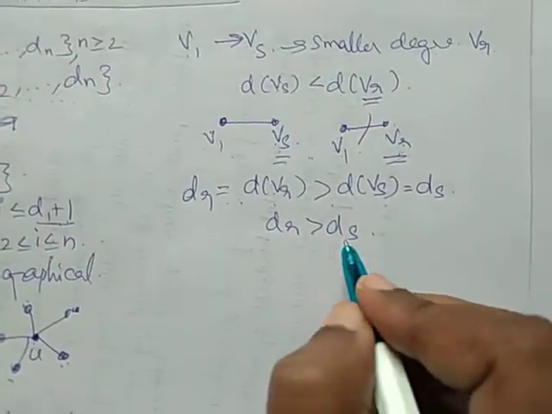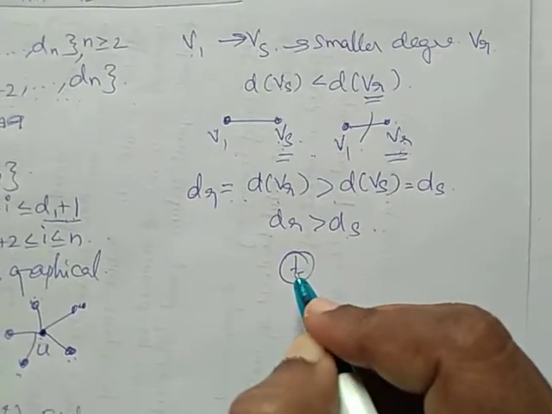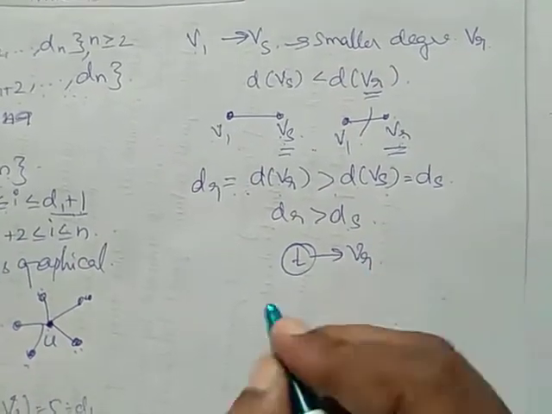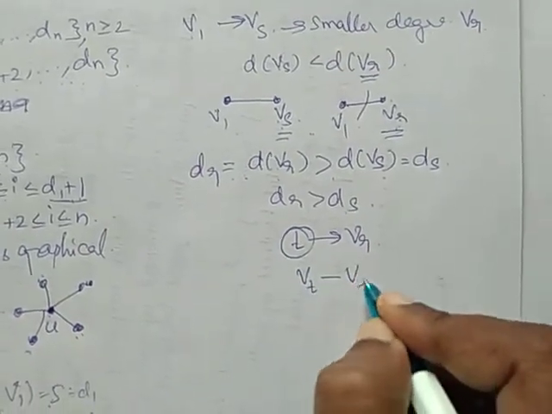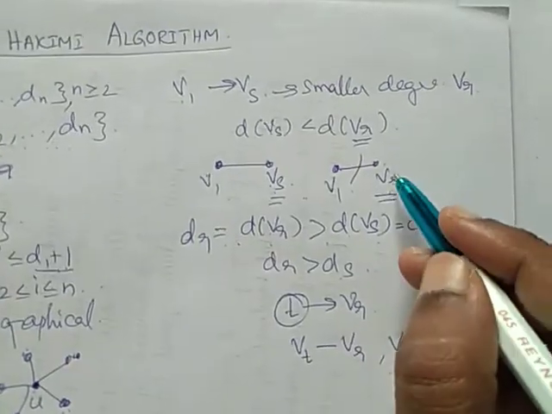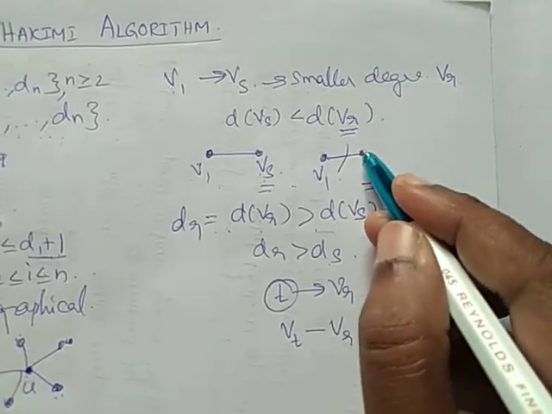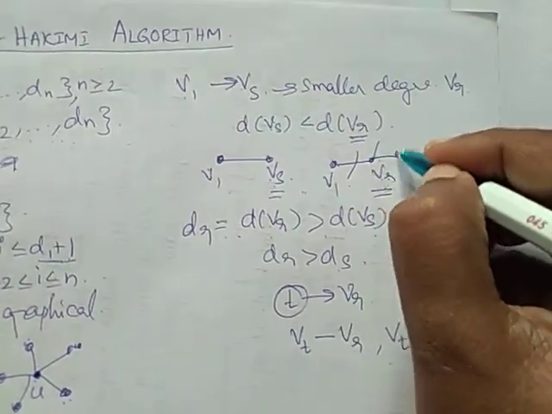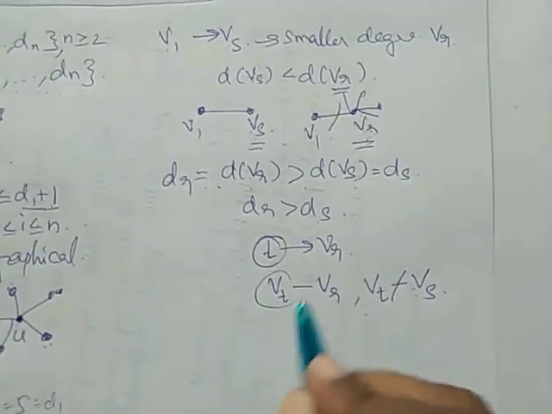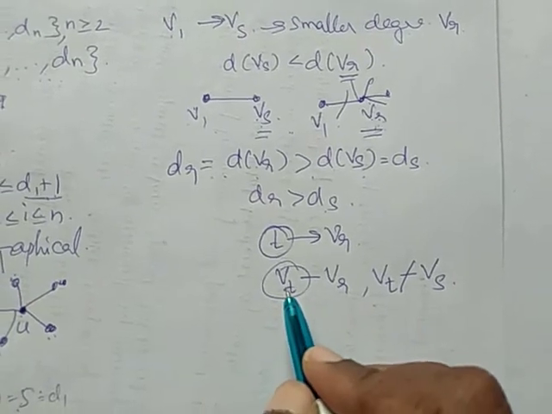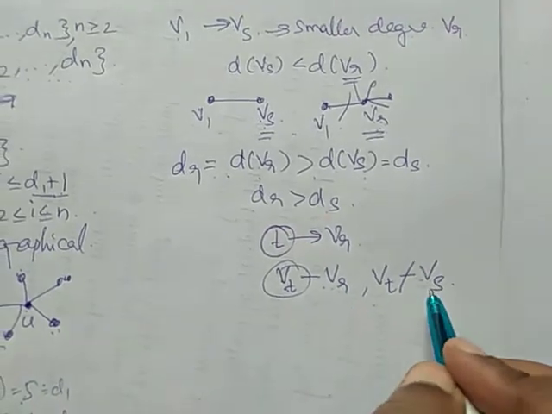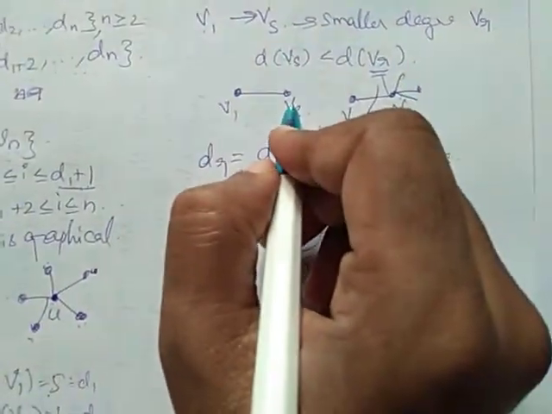There exists a vertex Vt such that Vt is adjacent to Vr and Vt is not adjacent to Vs. Vr means this vertex is of degree r, so it will have r vertices connected to it. That vertex we are taking as one of the vertices, Vt. So Vt is adjacent to Vr and it is not adjacent to Vs.